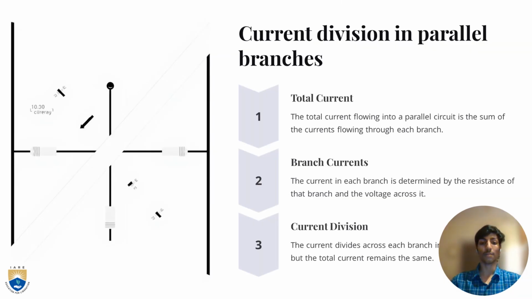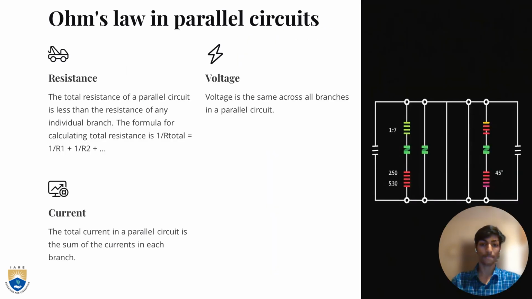Current division in parallel branches is divided into three parts: total current, branch current, and current division. The total current flowing into a parallel circuit is the sum of the currents flowing through each branch. The current in each branch is determined by the resistance of the branch and the voltage across it. The current division across each branch occurs while the total current remains the same.